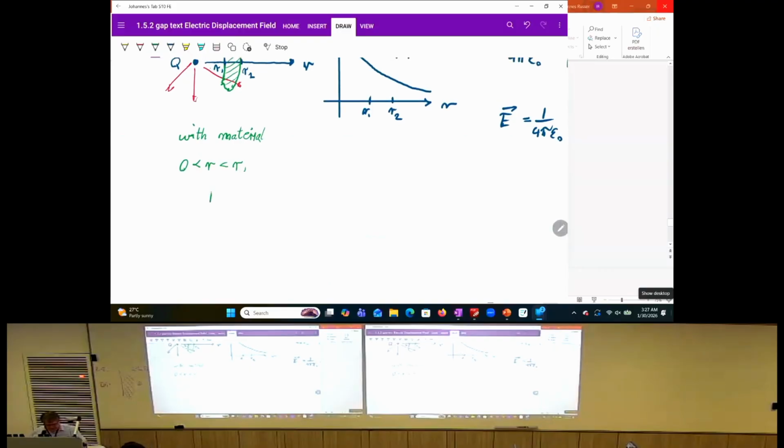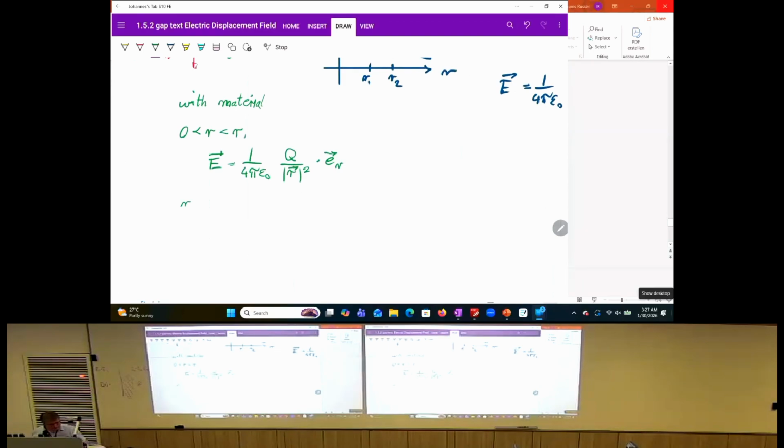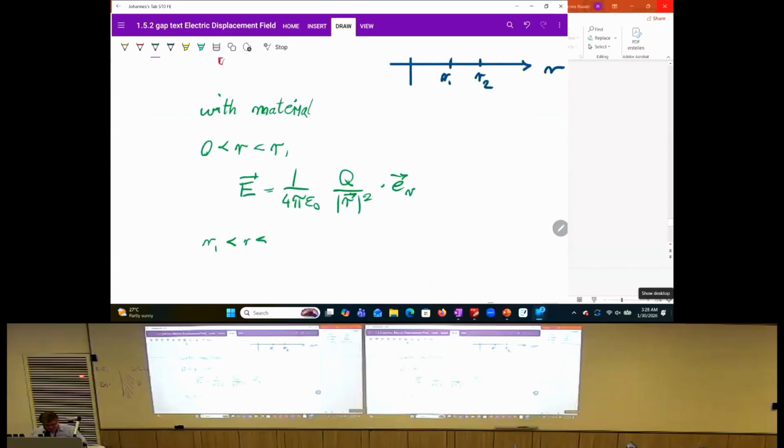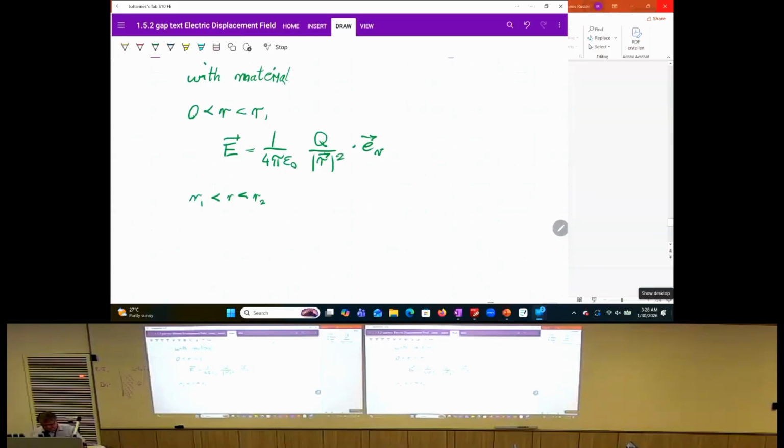So we have here the electric field being 1 over 4 pi epsilon naught q over r squared, and the orientation vector. In the range where r is larger than R1, that means where the material is present, but smaller than R2, our electric field formula is not very different, but it is a little different.